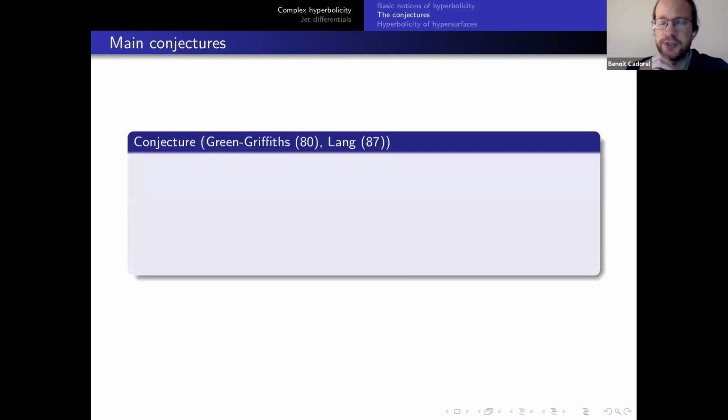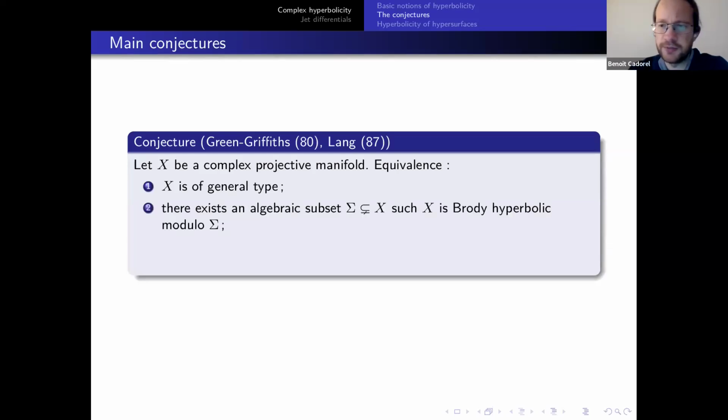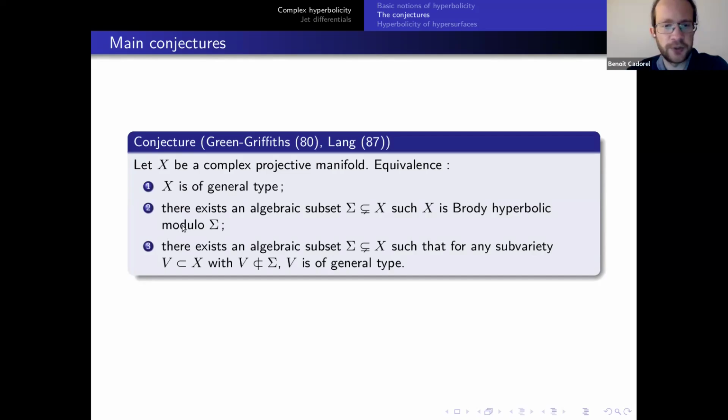One of the main conjectures is the Green-Griffiths-Lang conjecture, which tells you that if you consider a complex projective manifold X, then there should be an equivalence between the fact that X is of general type and the fact that there is a proper algebraic subset such that this subset contains all entire curves drawn on X. So X is Brody hyperbolic modulo this subset.